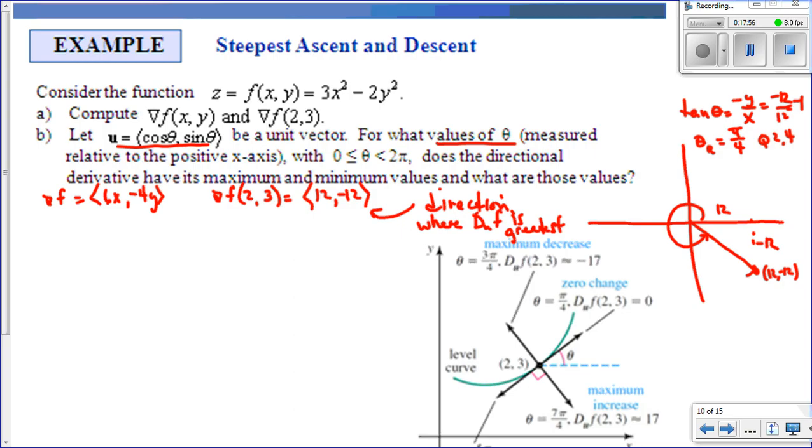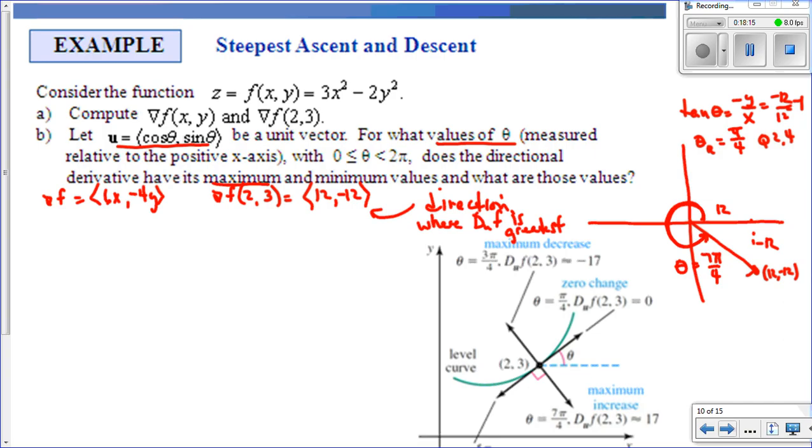So the angle in quadrant 4, which is obviously where this gradient is pointing, would actually be 7 pi over 4. So that's the angle all the way around here.